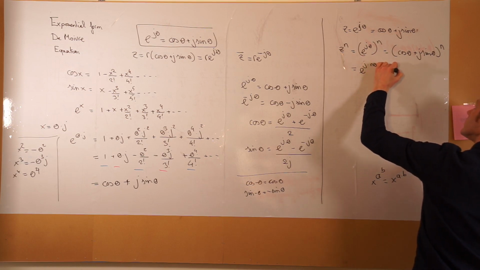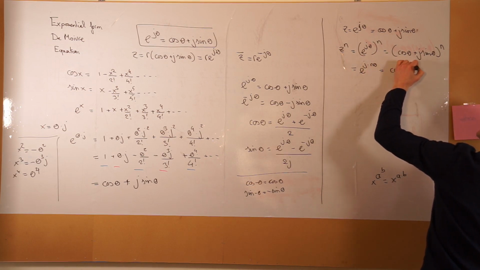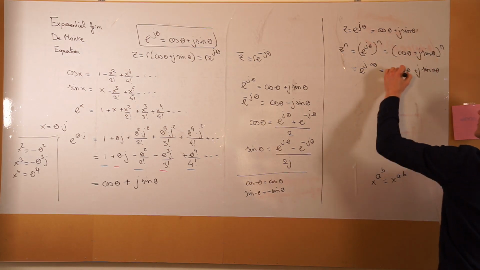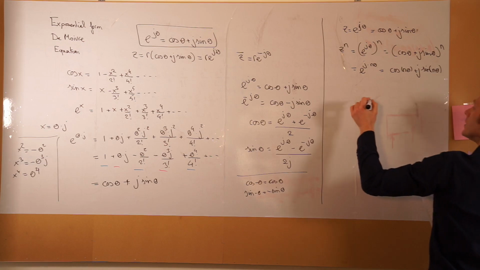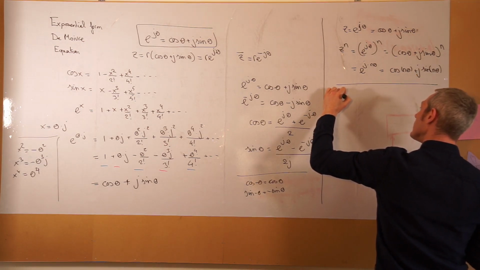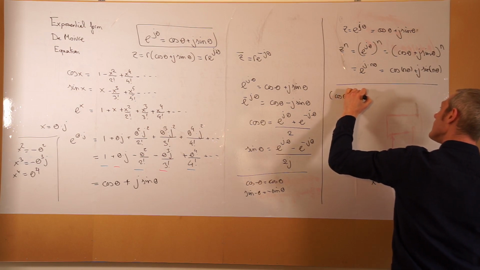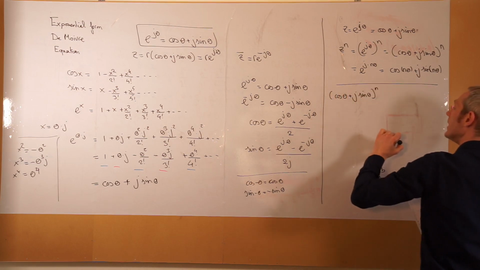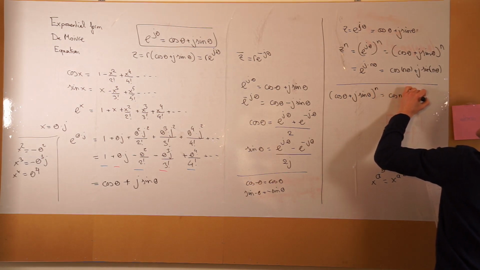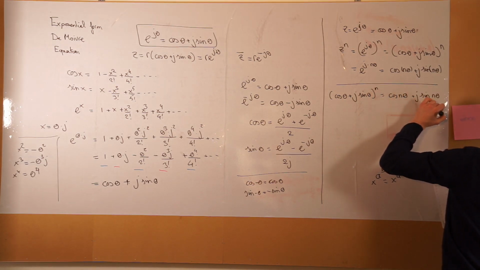And this is equal to cosine n theta plus j times the sine of n theta. So we have an identity here that cosine theta plus j sine of theta to the power of n is equal to cosine n theta plus j times the sine of n theta.